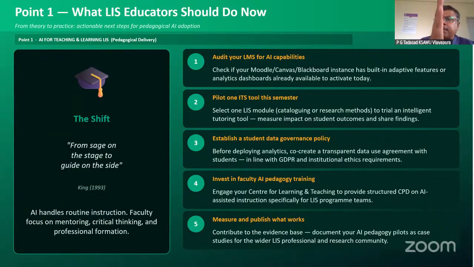The first thing I have to do is audit my LIS capability for AI capabilities. Where do I stand? Do I know what LMS means? Am I aware of Moodle? Do I know Canvas? What is Blackboard?